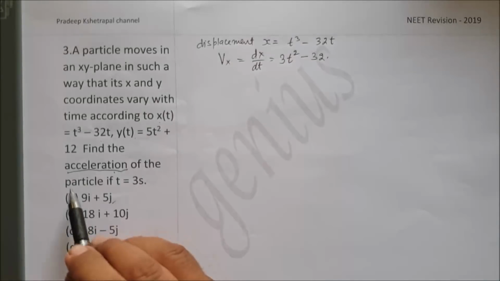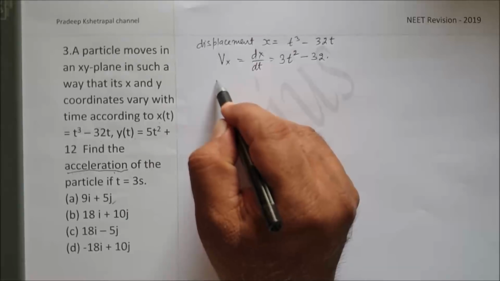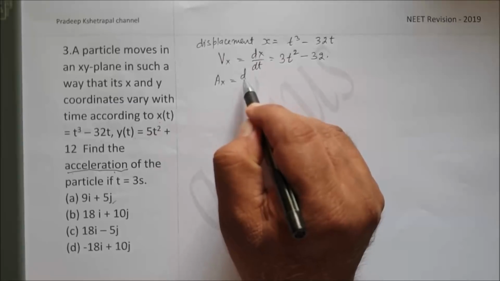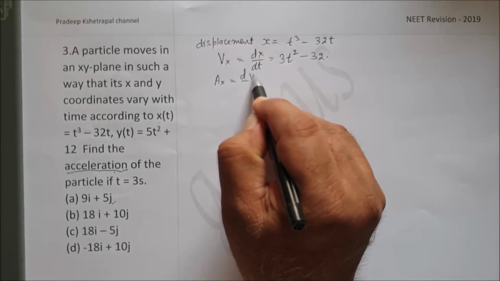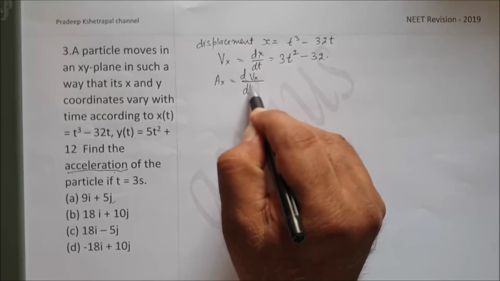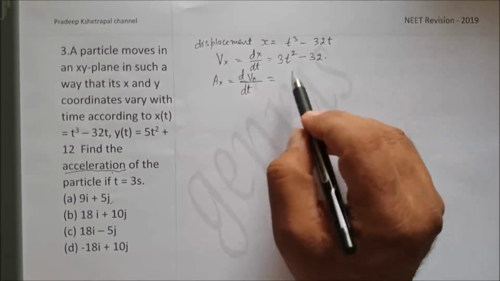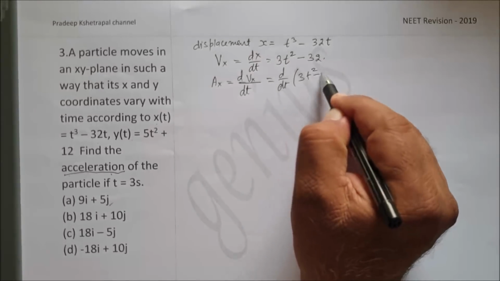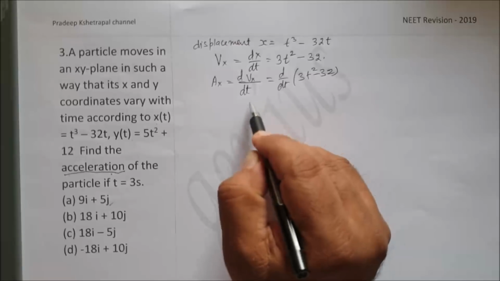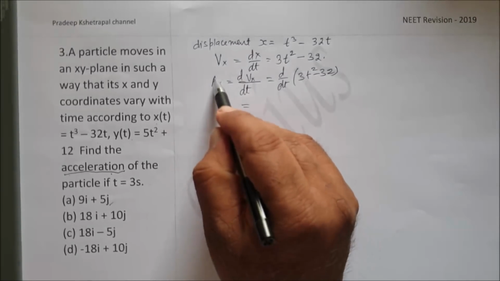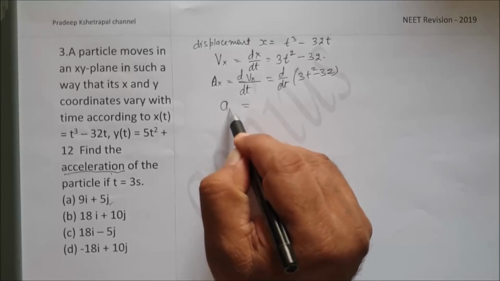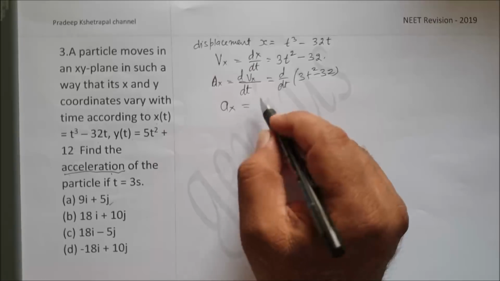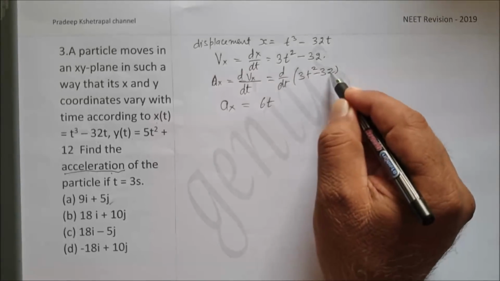But what we need is acceleration. And we know acceleration in x direction is equal to differentiation of velocity in x direction with respect to time. So this is d by dt of 3t square minus 32. Now when we differentiate it, then acceleration, if I write it a, acceleration in x direction is differentiation of this. This is 3 2s are 6t, and this differentiation is 0.